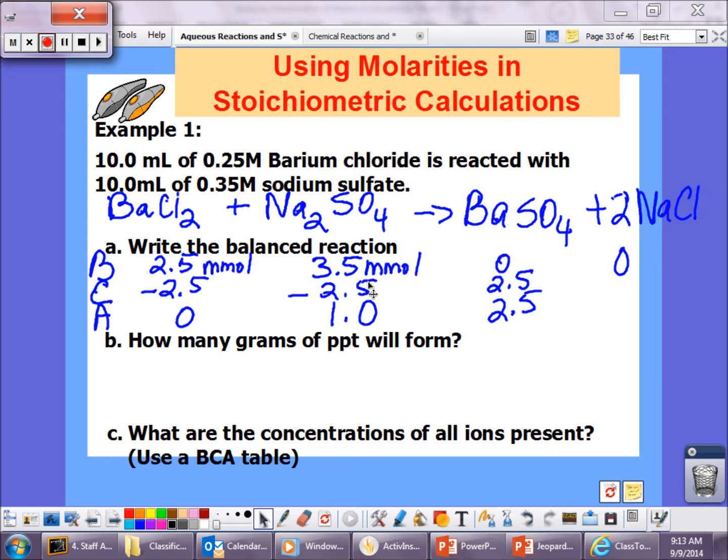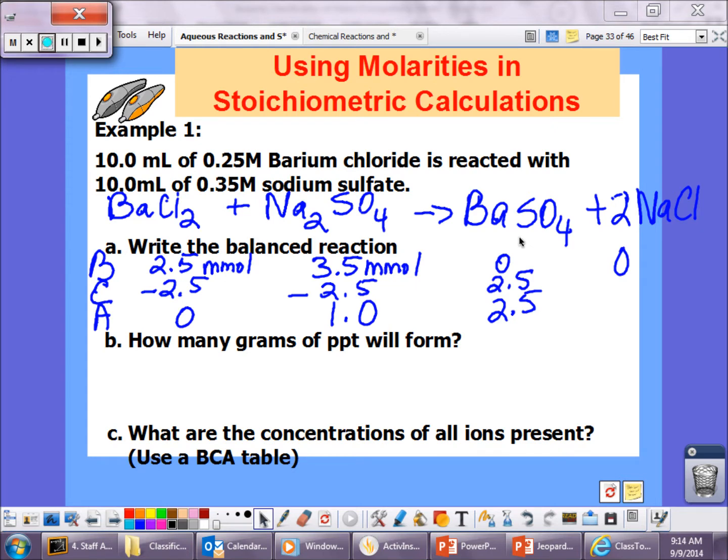Let me quickly go over this. We have 10 ml of 0.25 molar barium chloride, and we have 10 ml of 0.35 molar sodium sulfate to produce barium sulfate and sodium chloride.